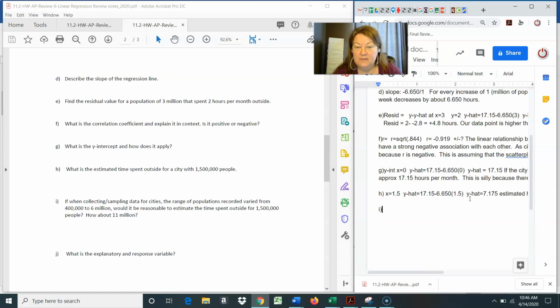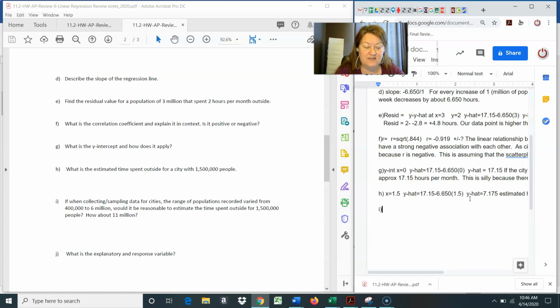If when collecting or sampling data for cities, the range of populations recorded varied from... So see, it would have been nice if I would have had the scatter plot. I could have looked at the x-axis and said, oh, these numbers go from 0.4 to 6. Right? And they're asking, is it okay for me to use 1.5? So basically what they're asking is, are they asking me to estimate numbers within the numbers that I collected?